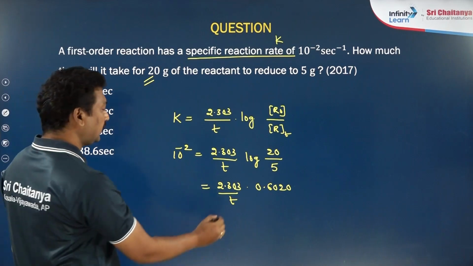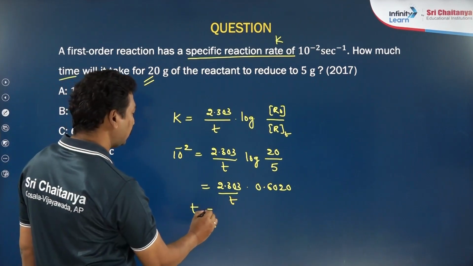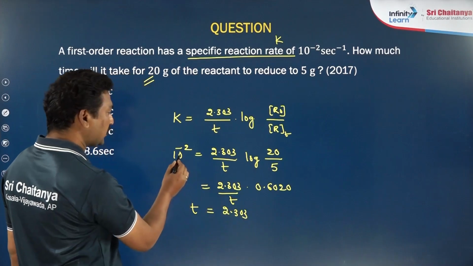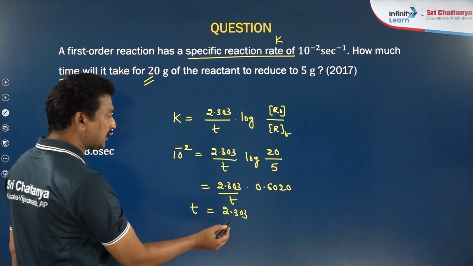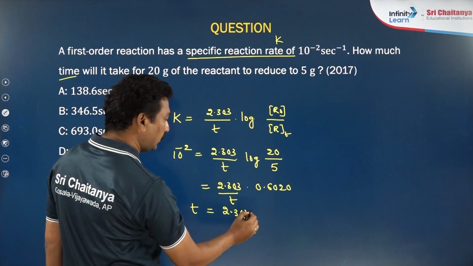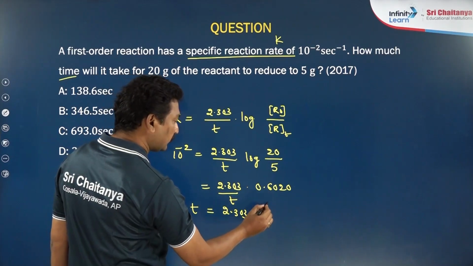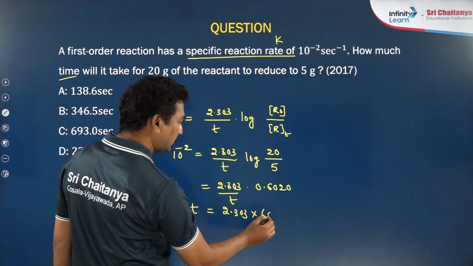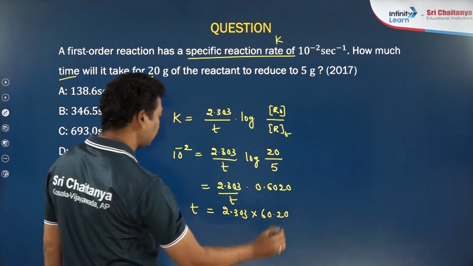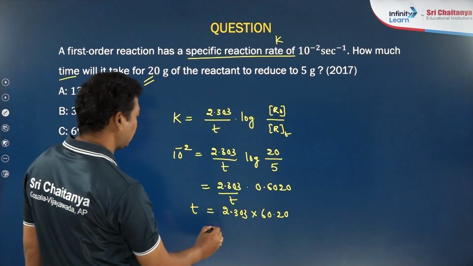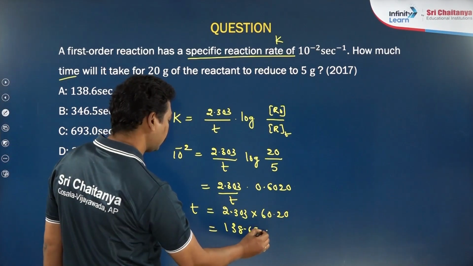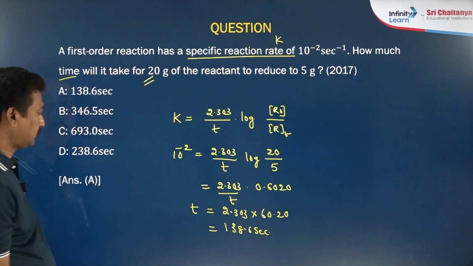Then T becomes 2.303, and when you bring the 10 power minus 2 to the other side, that becomes 100, multiplied by 0.6020, which is 60.20. And the answer is 138.6 seconds.